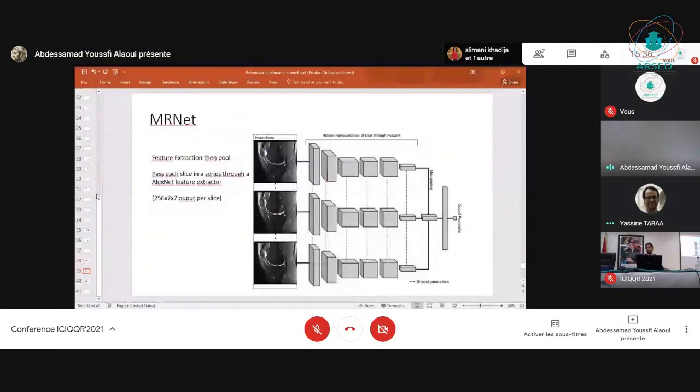There is another solution which aims to, for example, detect disease using MRNet. It contains three or a lot of branches, where each branch is an AlexNet network, and we will concatenate the results of each branch to have just one tensor as the output of our model.